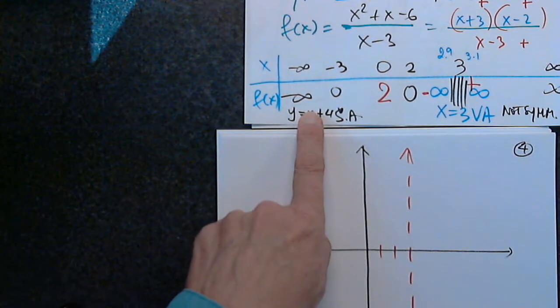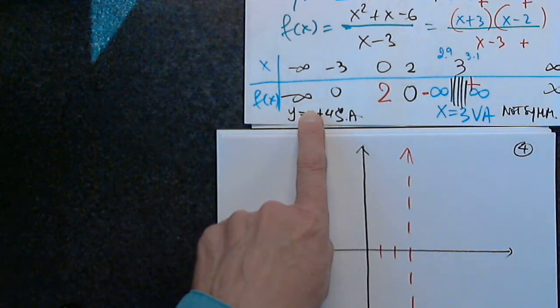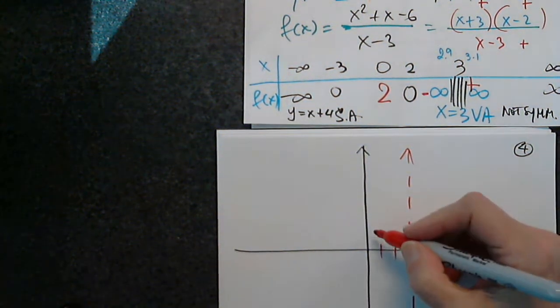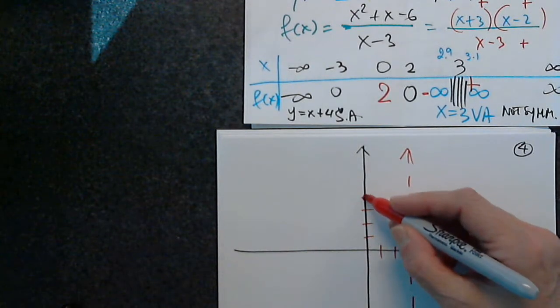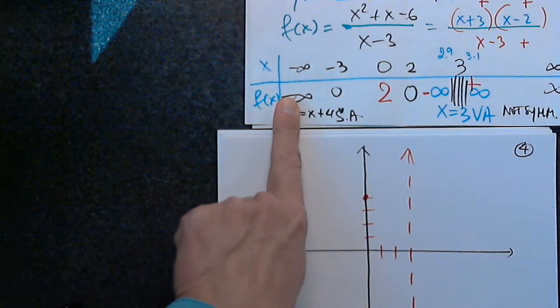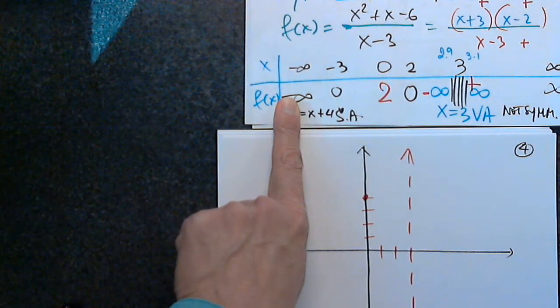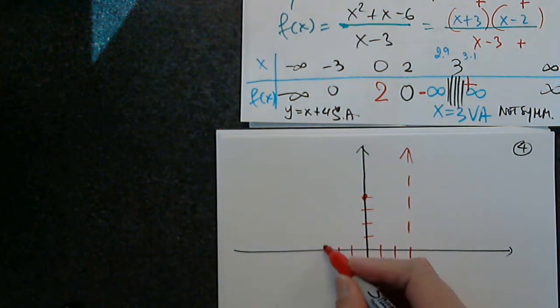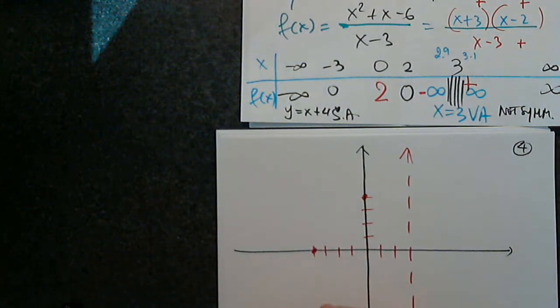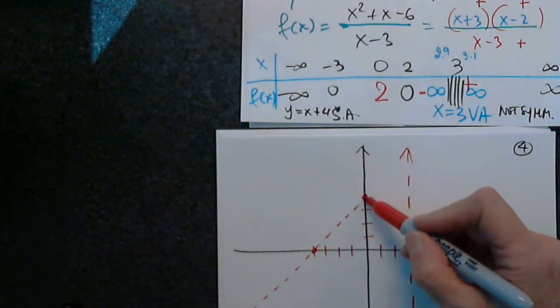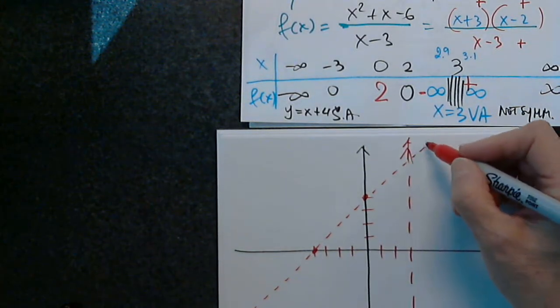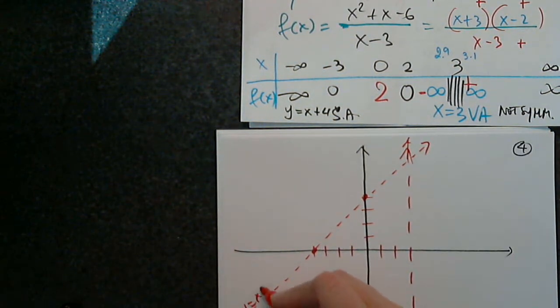When x is 0, how much is y? 4. Very good. 1, 2, 3, 4. When y is 0, what should x be for y to be 0? So here's the other asymptote. Y equals x plus 4.